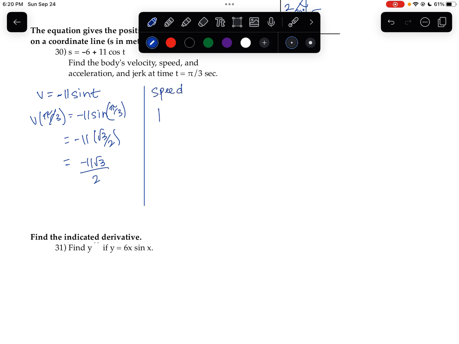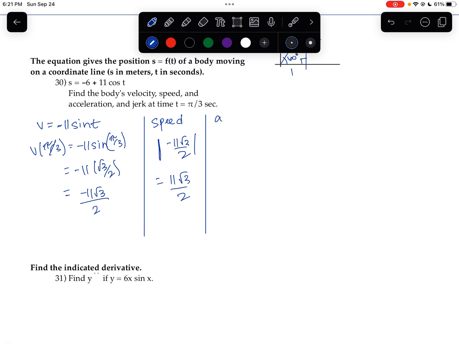Okay, speed is the absolute value of negative 11 square root of 3 over 2. So it's just going to be 11 square root of 3 over 2. So there's your speed. Acceleration.